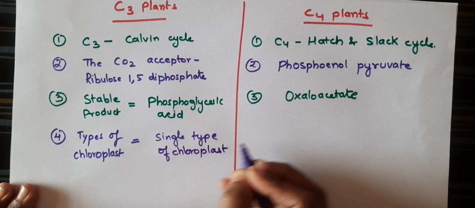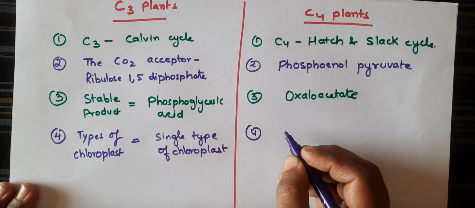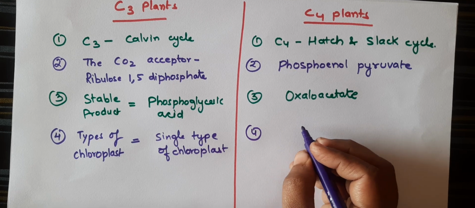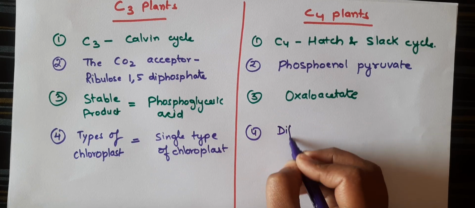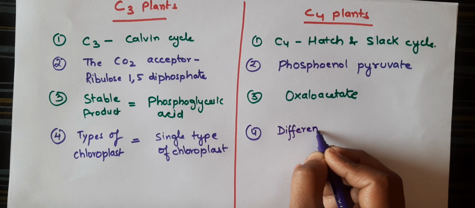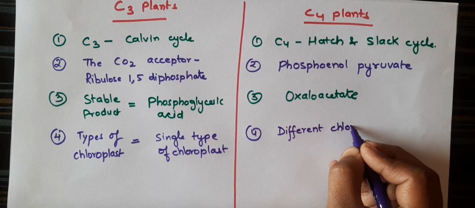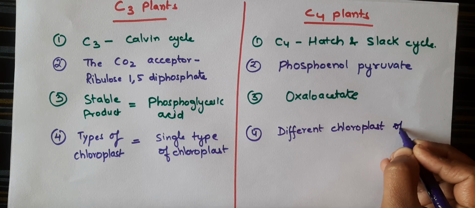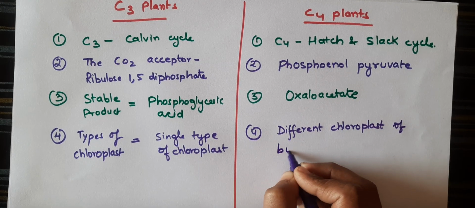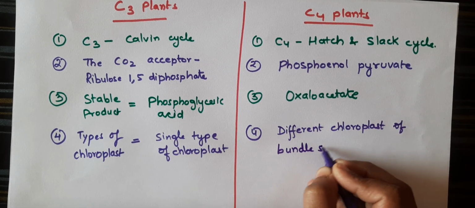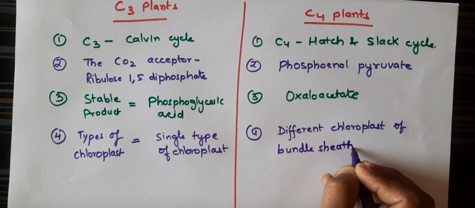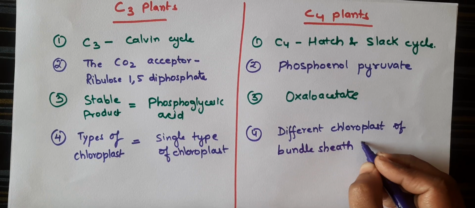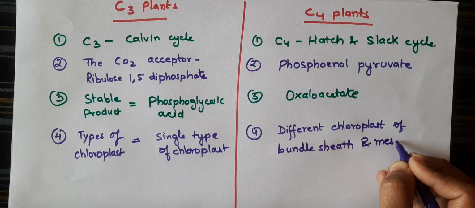However, in case of C4 plant the chloroplast of parenchymatous bundle sheath cells is different from the mesophyll cells.